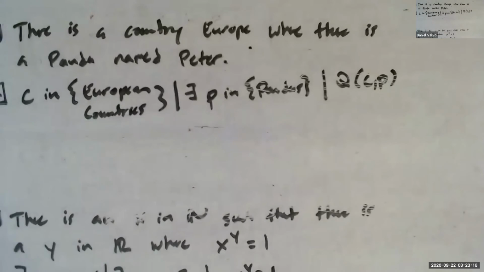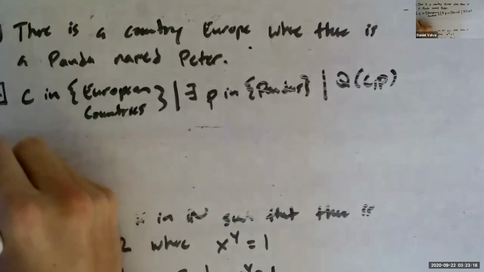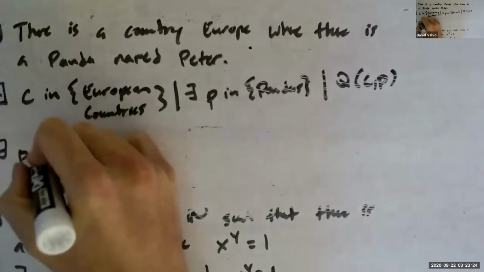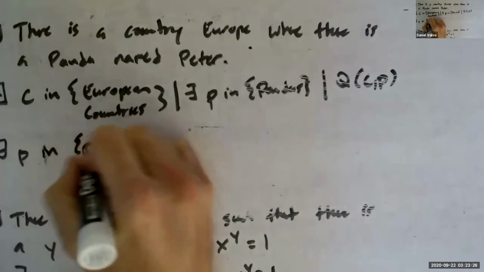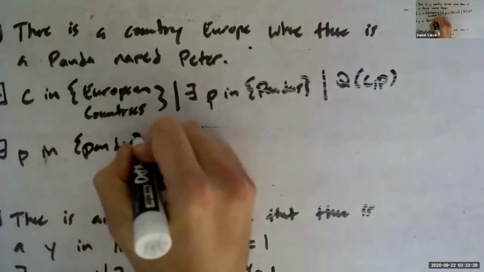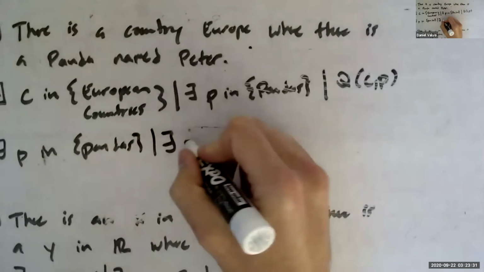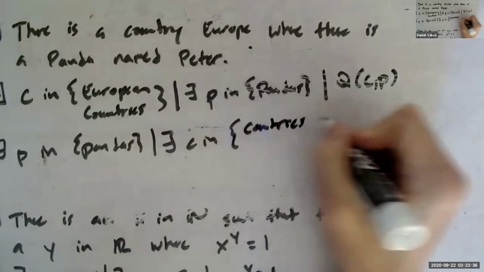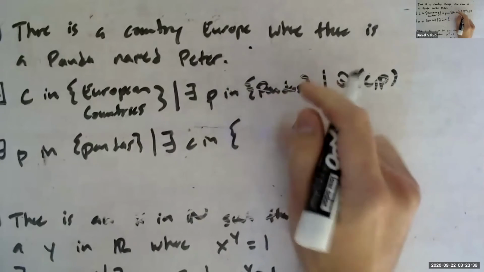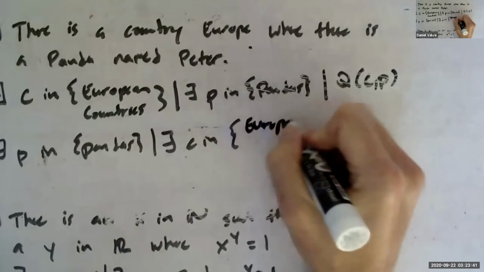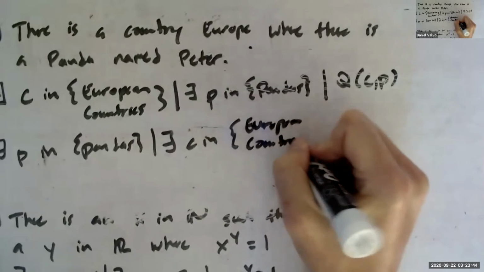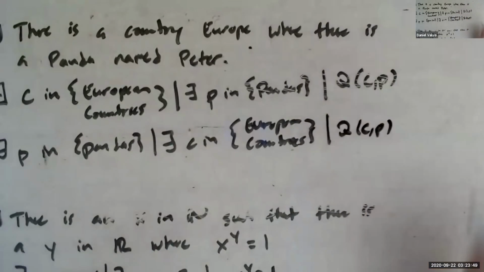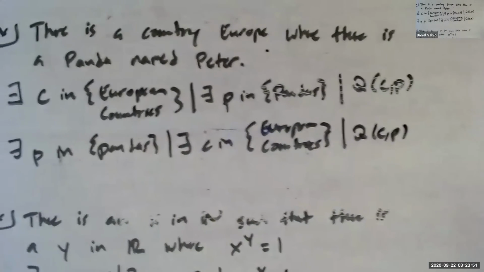What if I said there exists a P in the set of pandas such that there exists a C in European countries such that Q of C, P. Are these two statements equivalent?